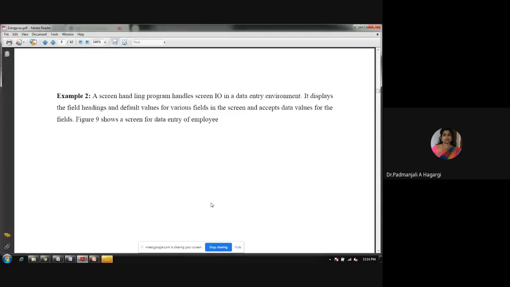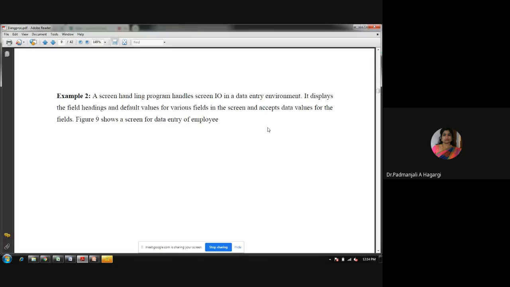Now let me tell you one more example. A screen handling program handles the screen I/O in a data entry environment. It displays the field heading and default values.